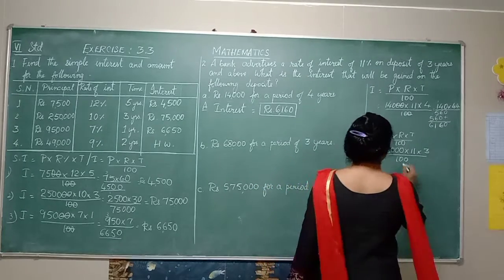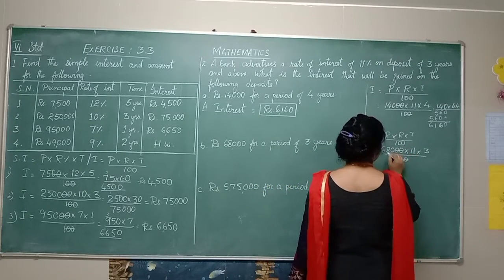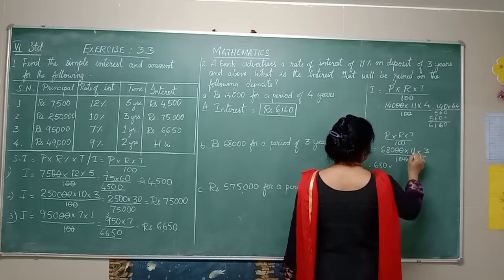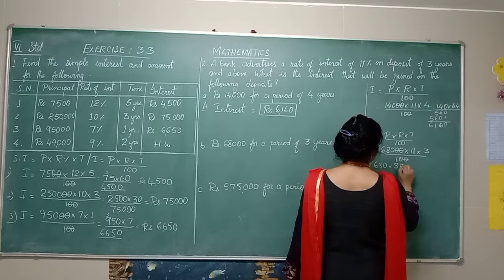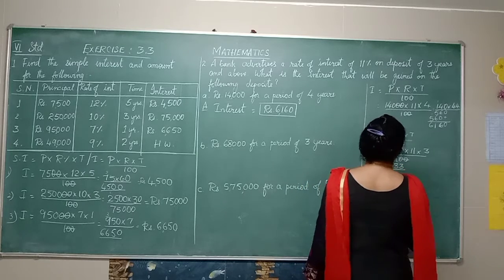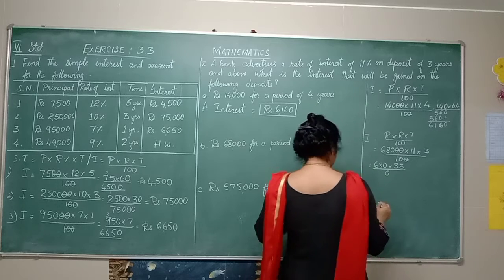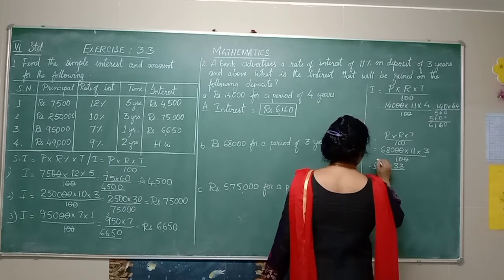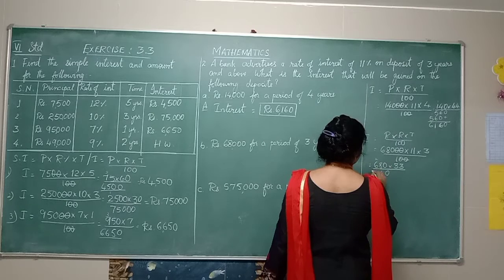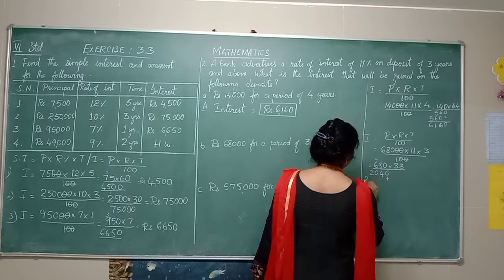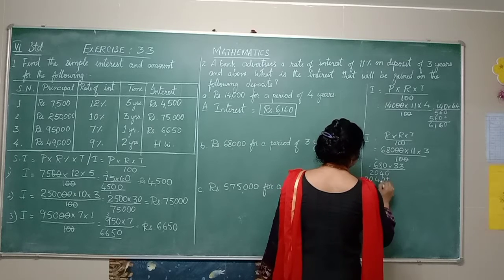You get it as 2 cancel, 680 into 11 is 33. So 3 zeros are 0, 3 eights are 24, carry 2, 3 sixes are 18 and 2 is 20, plus again 2, 0, 4, 0.